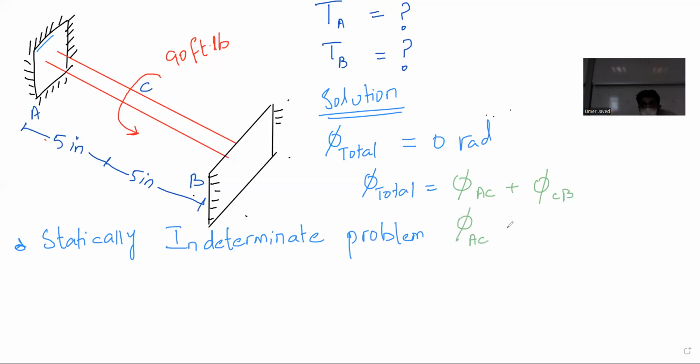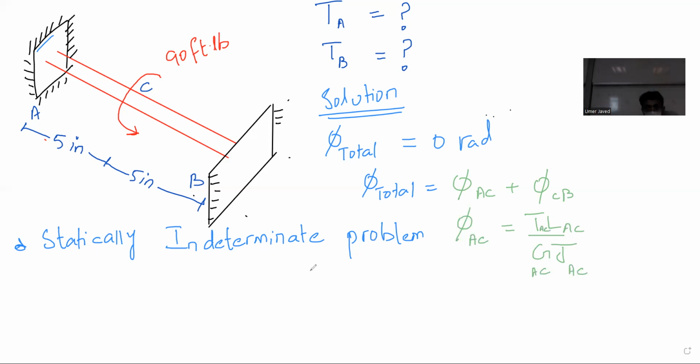So what is phi AC? Phi AC will be, okay, what was the formula? Why don't you tell me? TL over GJ, right? And again, this will be our AC, correct? This will be AC, AC, AC, correct?